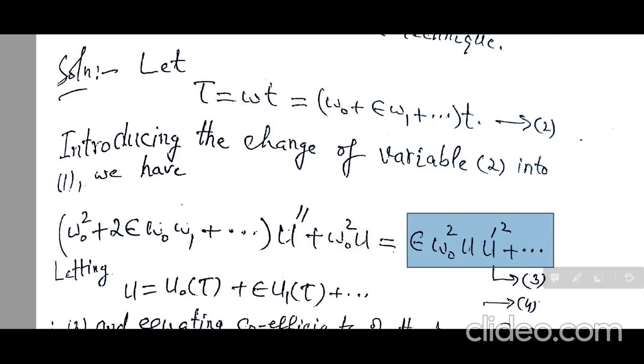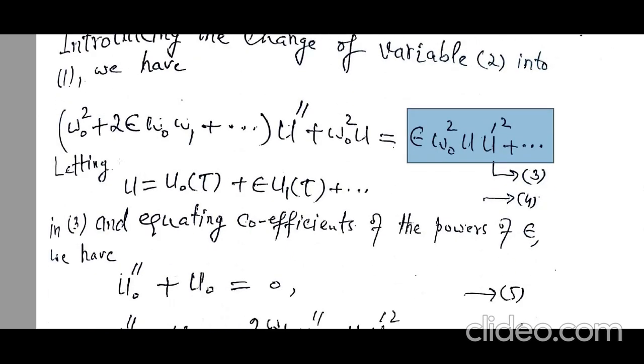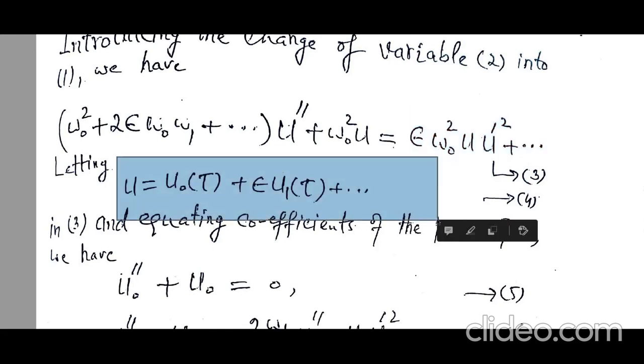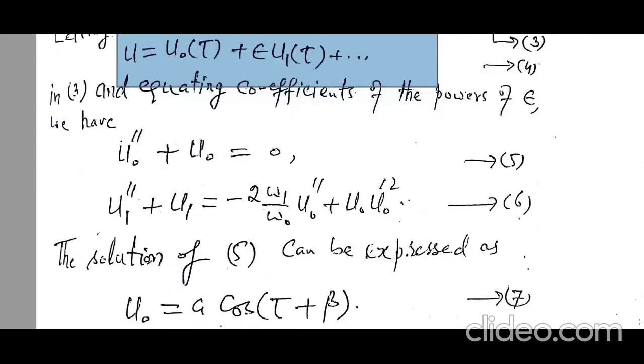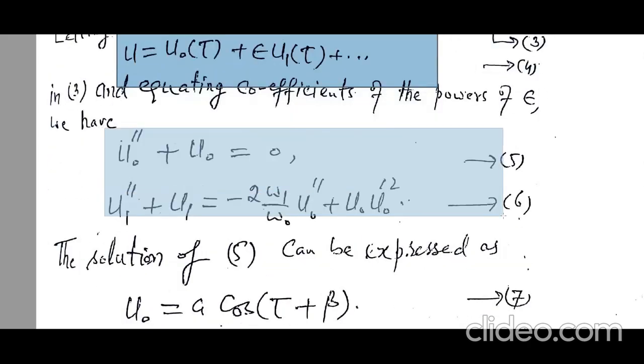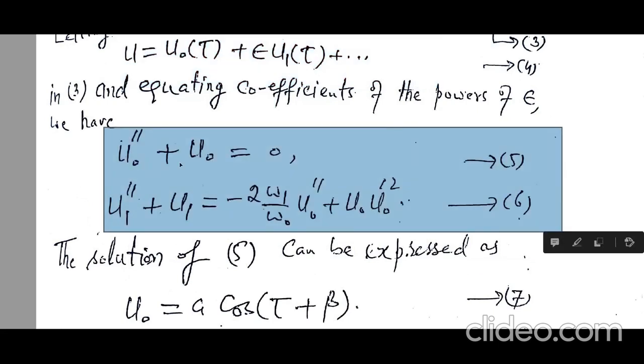Now letting the regular or straightforward expansion for u in powers of epsilon, with u naught and u1 as functions of the new independent variable tau, we get equation number 4. Now putting equation 4 in equation number 3 and equating the coefficients of like powers of epsilon, we get these two systems given by equation number 5 and 6: u naught double prime plus u naught equal to 0, and equation number 6.